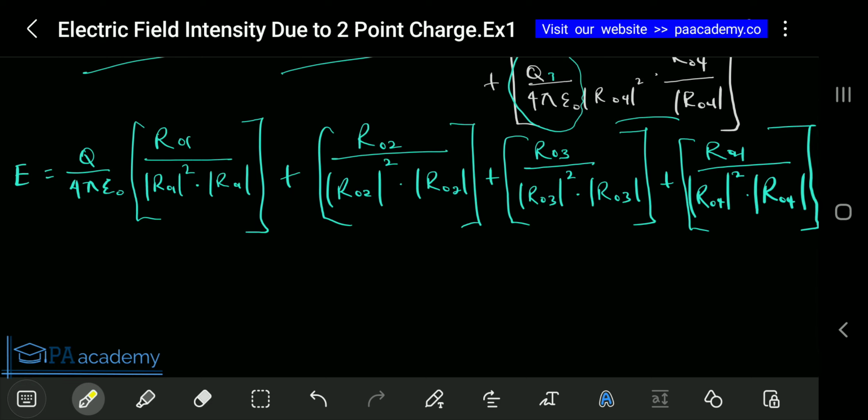So at this point now, before we put in the values, let's try to calculate this. Remember our Q is 3 nanocoulombs, so let's try to find the value of Q over 4 pi E naught.